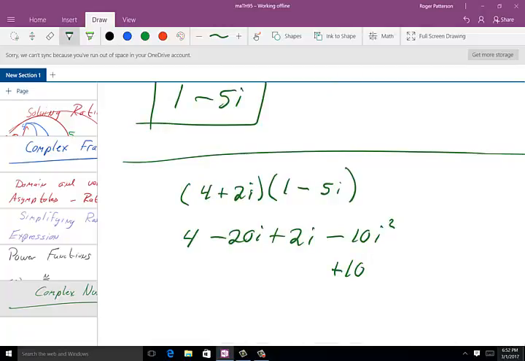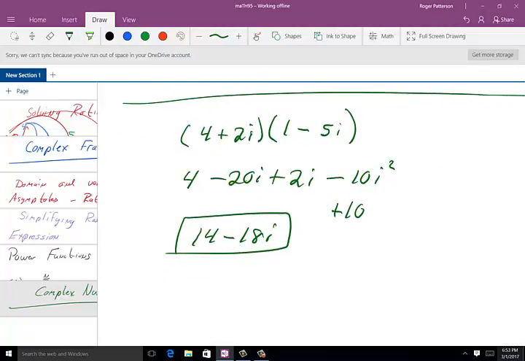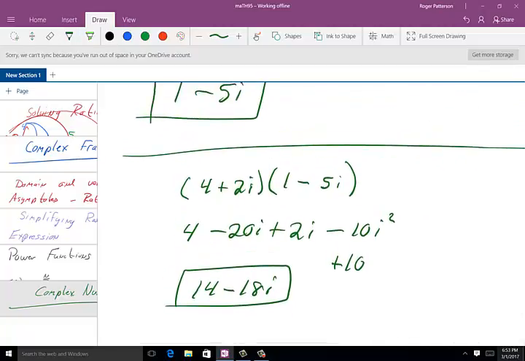Okay, so what's our answer? 14 minus 18i. Yep, there it is. All right. So multiplication, none of these operations have been really difficult. I mean, with foiling, you just got to make sure you know i squared is going to be equal to negative 1. Any questions on multiplication before we take on division?